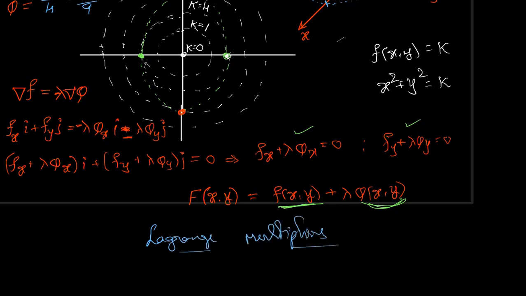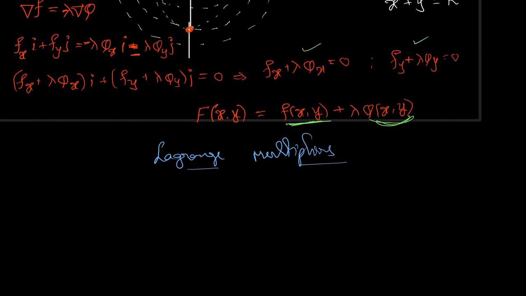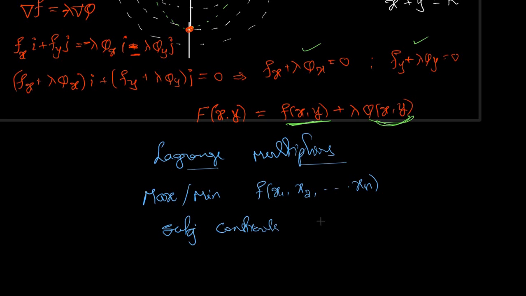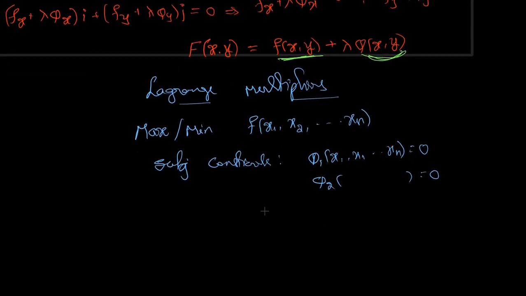In the method of Lagrange multipliers, whenever you are given some function f, you will be asked to maximize or minimize f of x1, x2 and so on up to xn, subjected to constraints, maybe phi 1 of x1, x2 and so on up to xn equal to 0 and phi 2 of the same variables equal to 0. So you may be given k functions. If you have k constraints, we will write k lambdas.